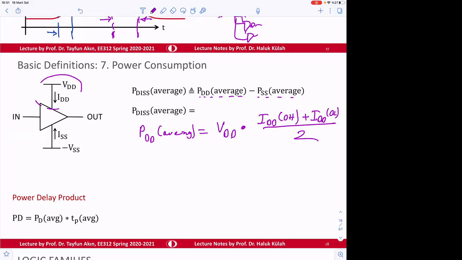We have seen in that example that for the output high case, the power dissipation was 0, but there was a power dissipation for this one.